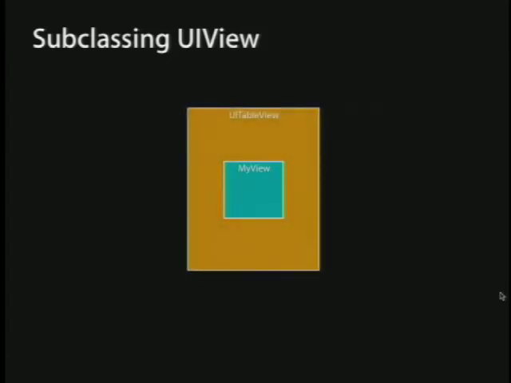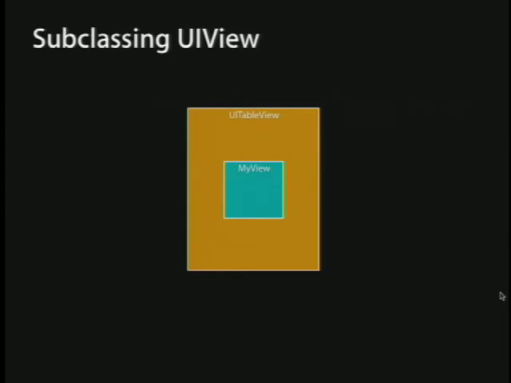So what does this mean if you're subclassing UIView directly? UIView, like I said, doesn't provide implementations for these. It inherits UIResponder's default implementation, which goes up the responder chain trying to find some view that can handle them. So what happens if I have a custom view that's a subclass of UIView and I throw it inside a table view, and let's say all I care about is the touches ended because I'm looking for tap count or something.